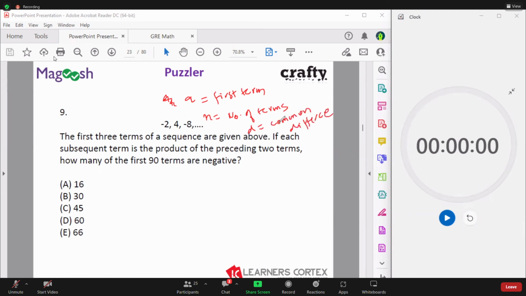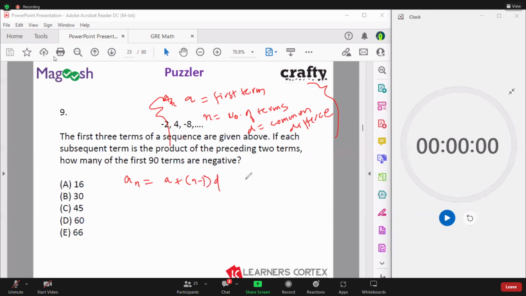The formula by which we get the value of any term in such a series is: A of nth position, or A of index n, equals A plus n minus 1 times D.